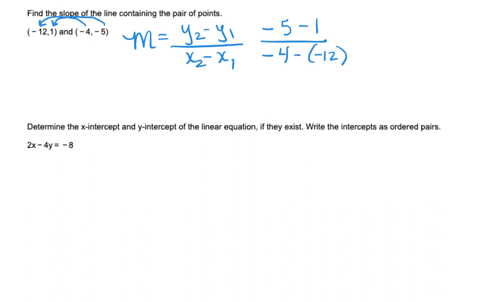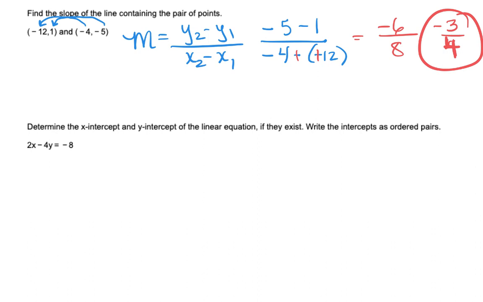Alright, so just be careful with this. That means plus. So what do we get? -6. -4 plus 12. Is that 8? -6 over 8. Simplifying, we can take out a 2. -3/4. My slope is -3/4. Sorry, that's messy.